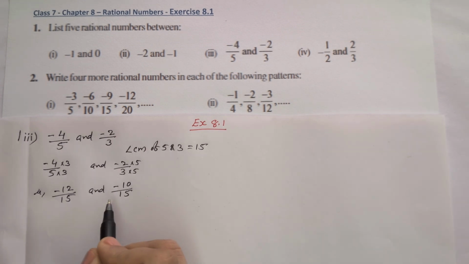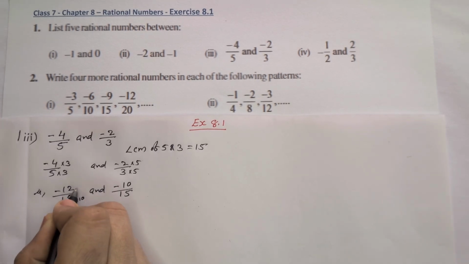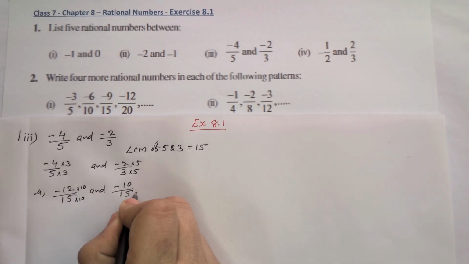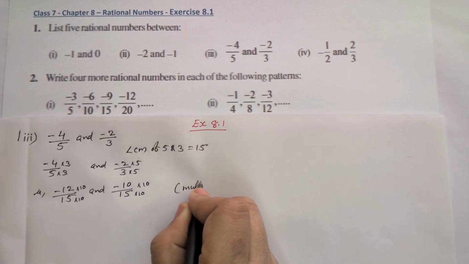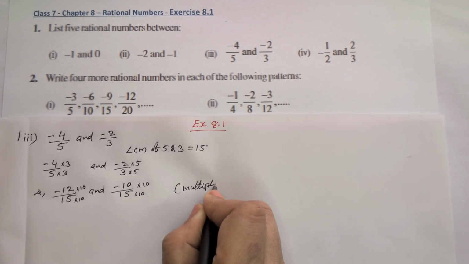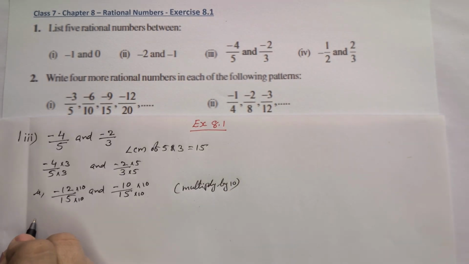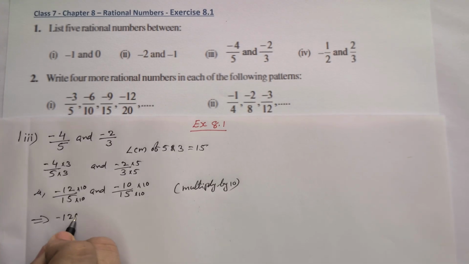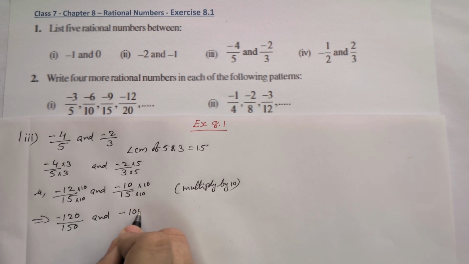Between -12 by 15 and -10 by 15, 5 rational numbers are not easy to find. So multiply again the numerator and denominator by 10. When we multiply up and down by 10, it will become -120 by 150 and -100 by 150.